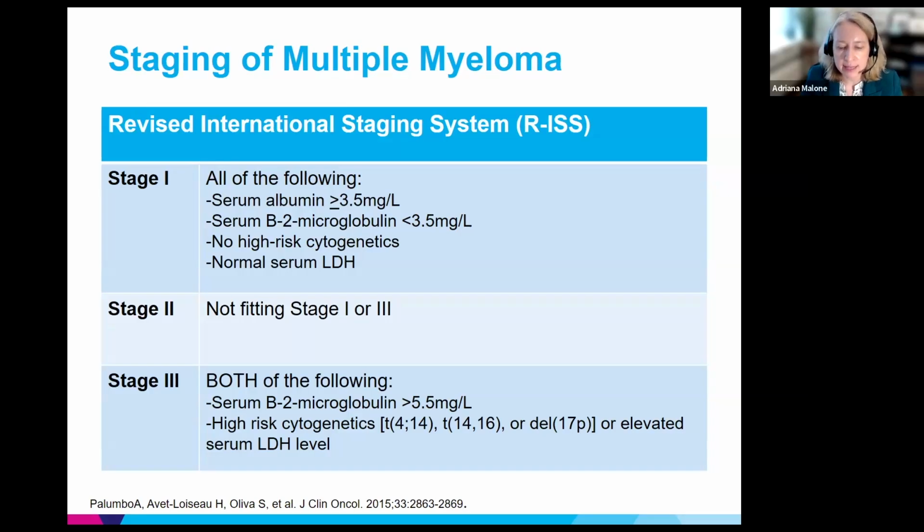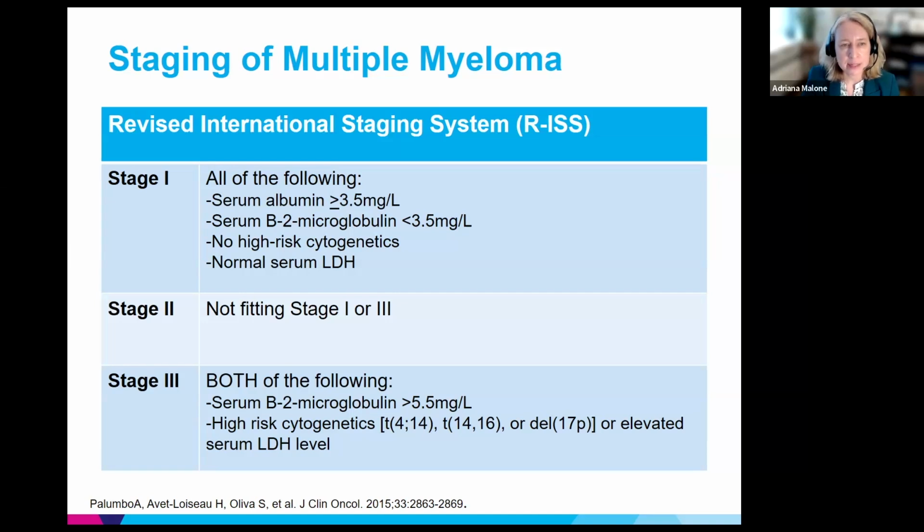More recently, the International Staging System and now the Revised International Staging System are used and take into account primarily the serum albumin and the beta-2 microglobulin.